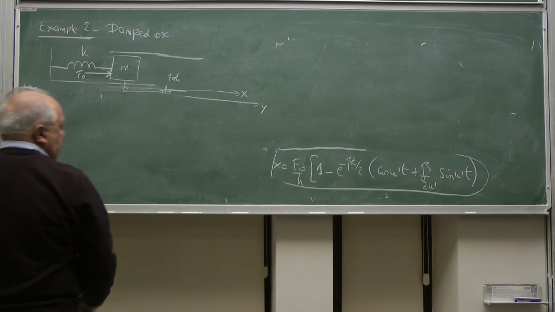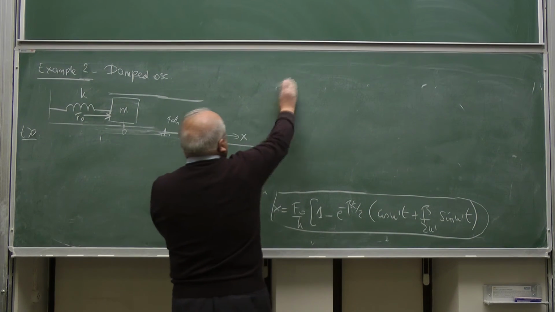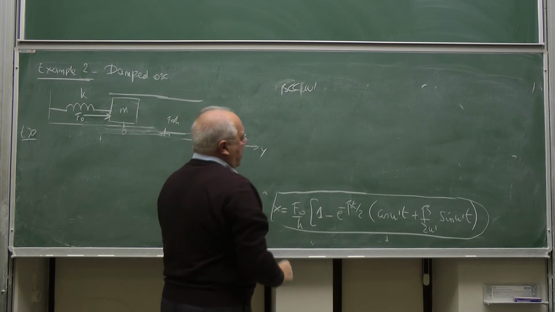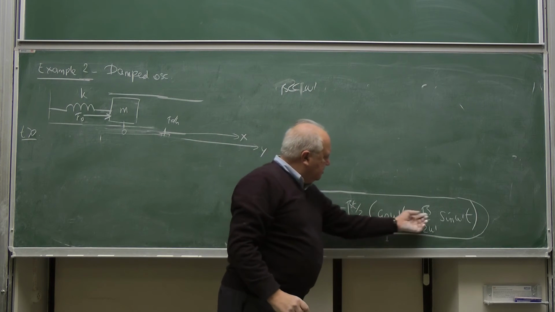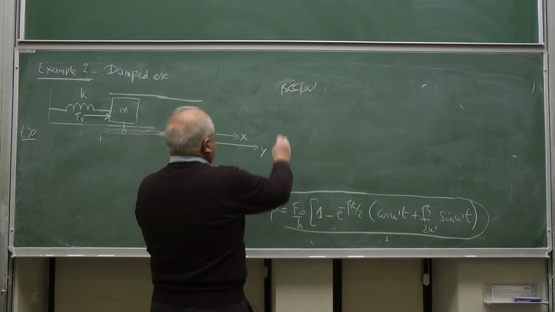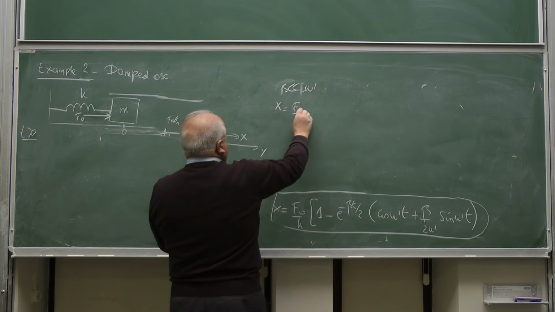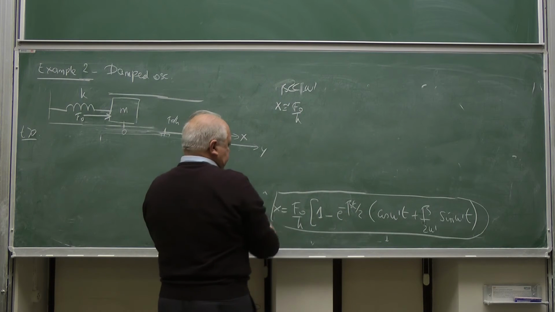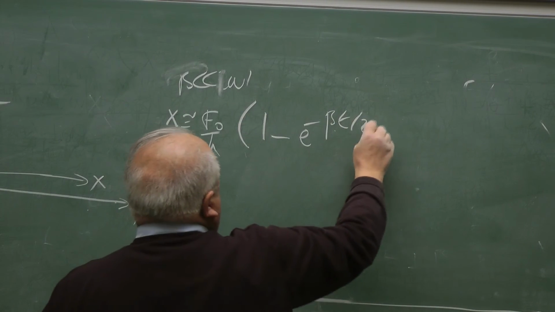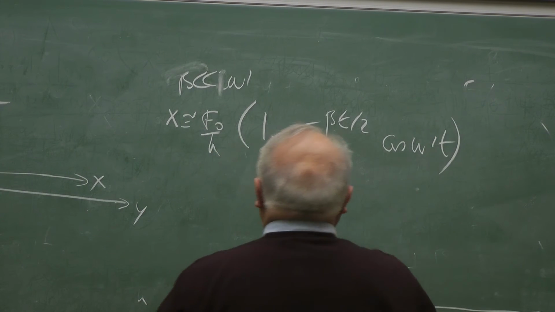And to make the graph even simpler, I will again take the good oscillator limit, namely beta very much smaller than omega prime. So I neglect the second term, which is very much smaller than 1. x equals F0 over k times (1 minus e to the minus beta t over 2, cosine omega prime t).